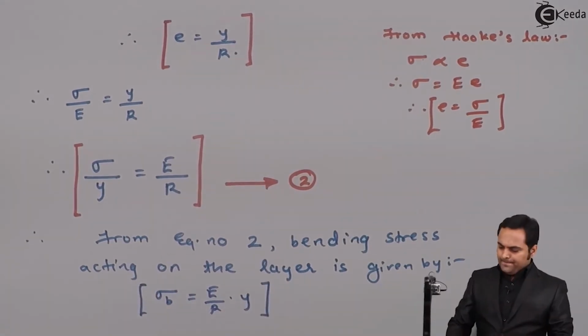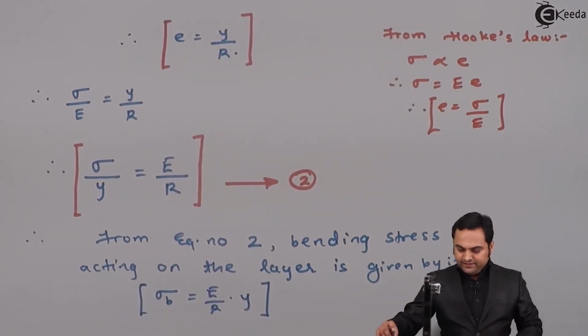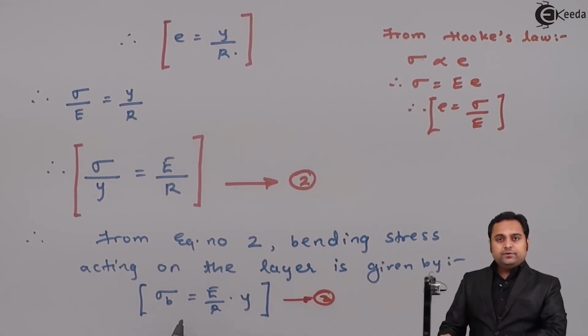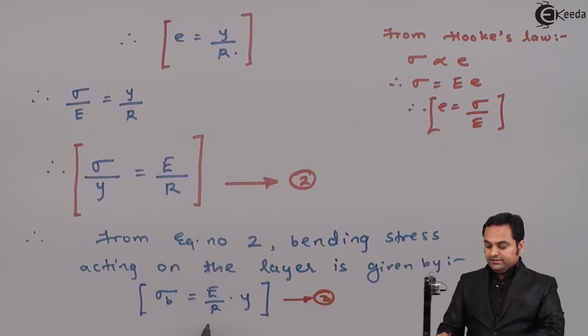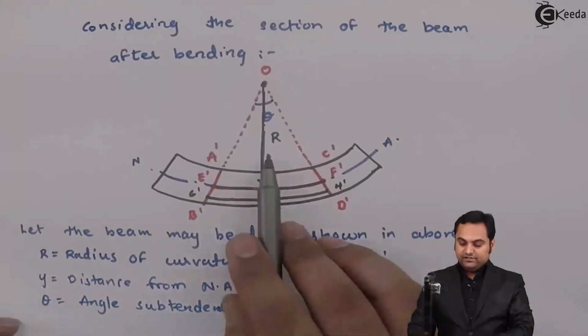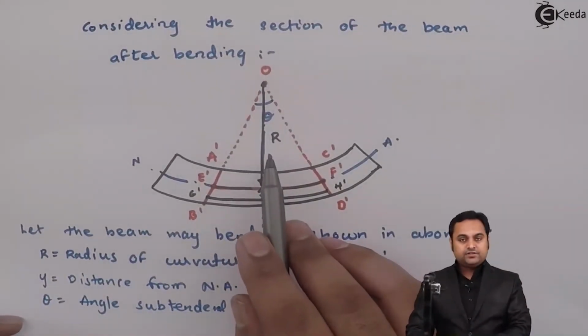So now I'm getting this bending stress equation, I'll call it equation number 3. Now as we can see from equation 3, capital E and capital R, that is Young's modulus and the radius of curvature at the neutral axis, are constants.